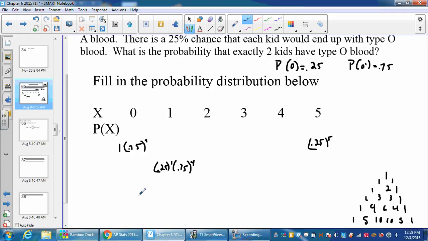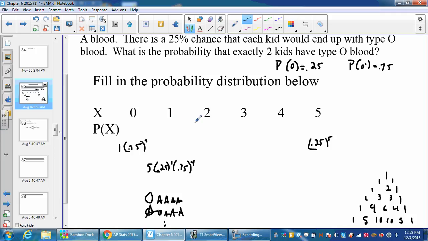Now we're going to multiply 5 times this next one because there's 5 different ways we can arrange O and not O. Let's just say A. So if I have 1 O and 4 A's, there are 5 different ways I can arrange that, and so on and so on. So that would be the equation where I would get one person.